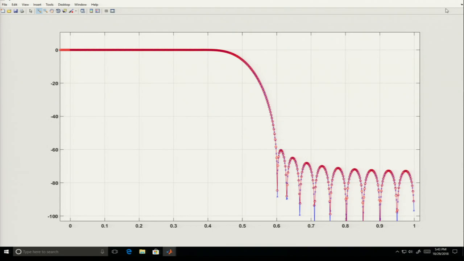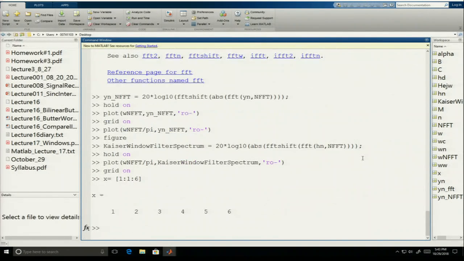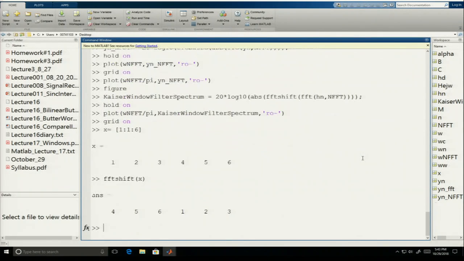So let's see, did we cover everything? Let's see, maybe that wasn't real clear about FFT shift. So suppose I had a vector. I just wanted to make it real clear. 1, 2, 3, 4, 5, 6. All it does is swap it.